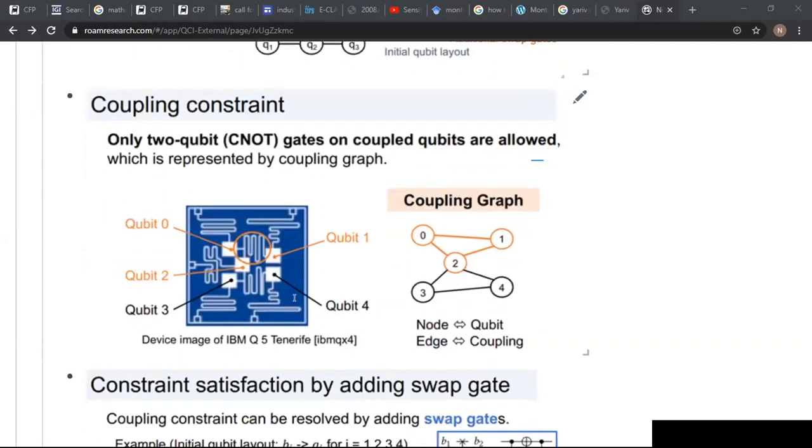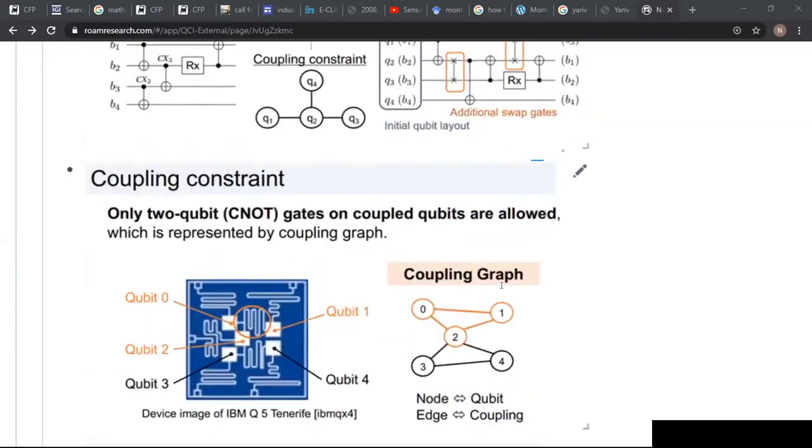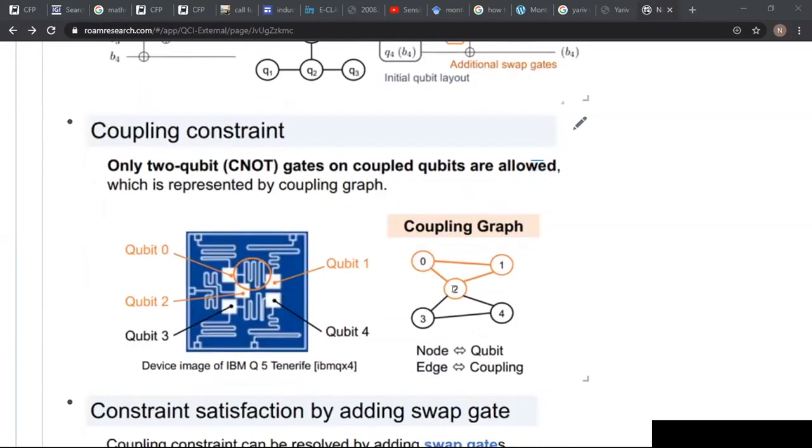This is nothing but the device image of the IBM Q5 Tenerife, a 5-qubit quantum computer. This is where the qubits are, all 5 qubits are mentioned, and this is the coupling graph. Each line tells the connectivity between two qubits, and each node represents a qubit.